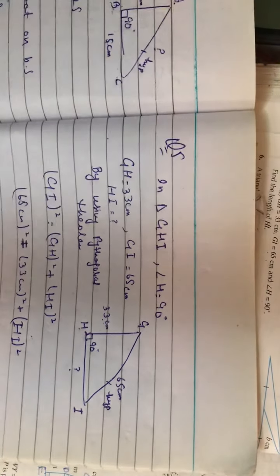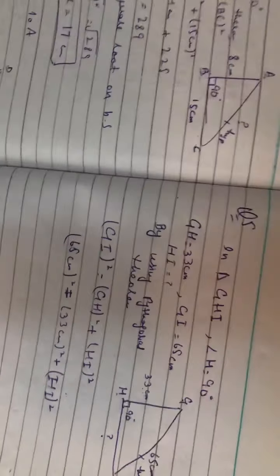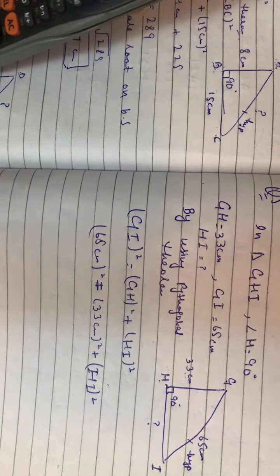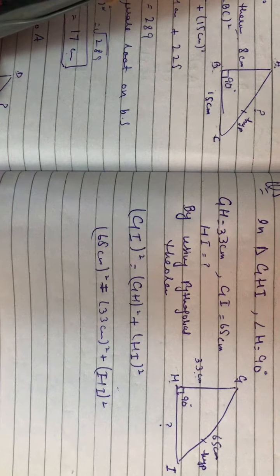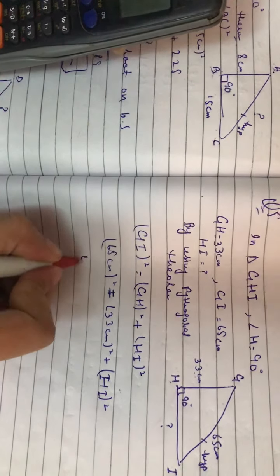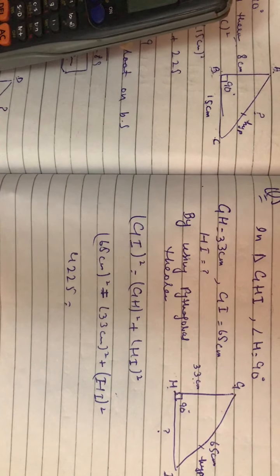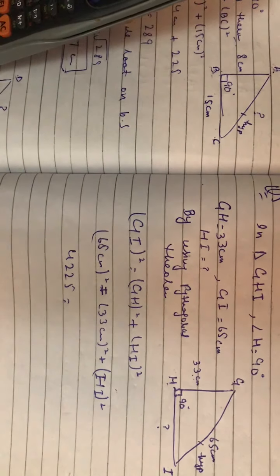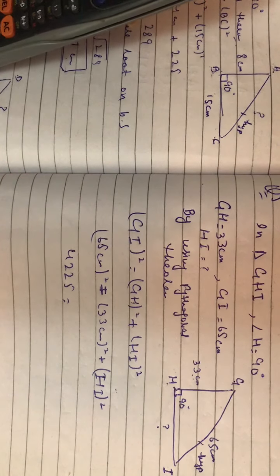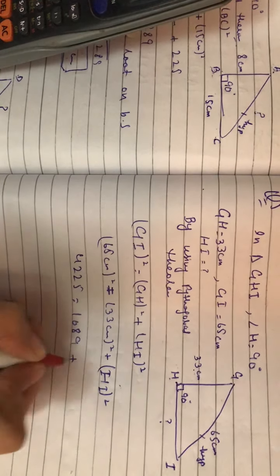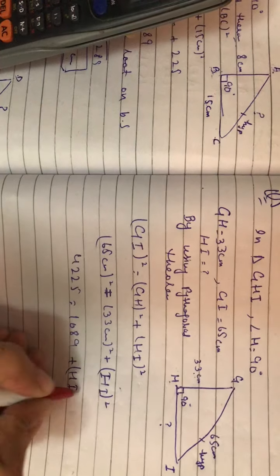Now we open the squares. First we open the square of 65 squared. Then we get 4225, and then open the square of 33. Then we get 1089 plus HI squared.